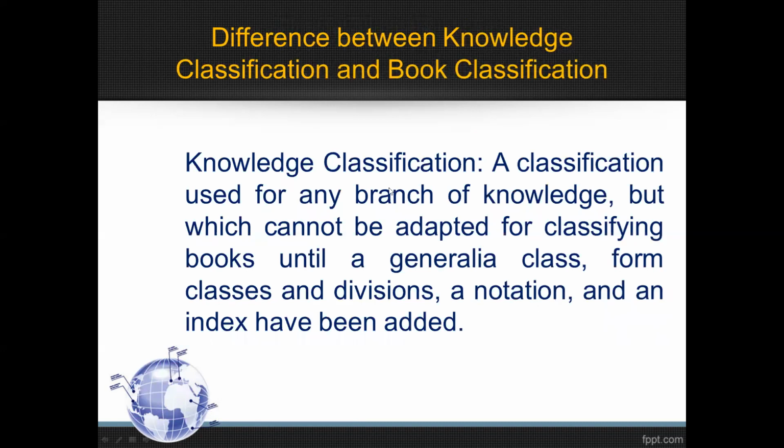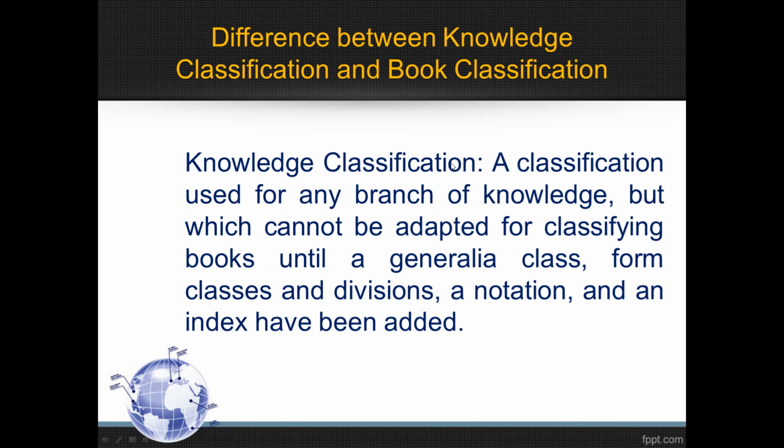In knowledge classification, philosophers are doing the work: suppose any subject is developed or any concept of that particular subject is developed, then the thinker or the philosopher will take care where that knowledge will go. Whatever new knowledge is developed, the thinker, the philosopher, will decide that this particular knowledge goes to this particular class. Based on that they are doing the classification, that is knowledge classification.